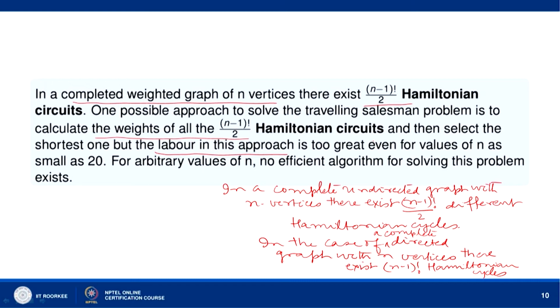Because of this (n minus 1) factorial, even for values of n which are not very large, it is difficult to consider all the Hamiltonian circuits and thereby determine the circuit along which the problem has a solution.